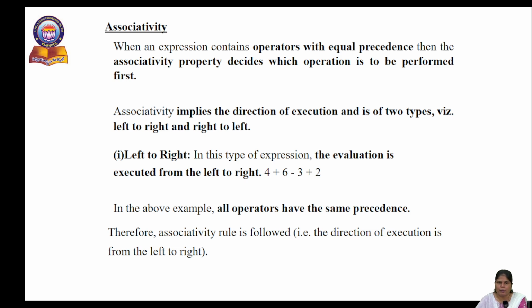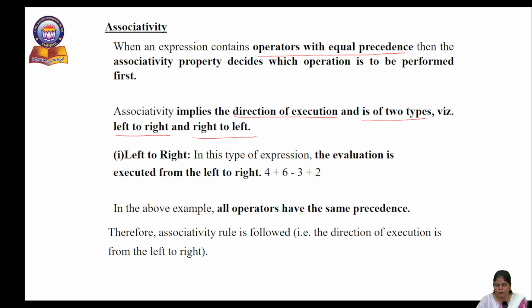Right? So coming to the associativity: when operators with equal precedence are in an expression, the associativity property will decide which operation is to be performed first. It implies the direction of evaluation, in which direction the expression has to be evaluated, and it is of 2 types: left to right and right to left associativity.